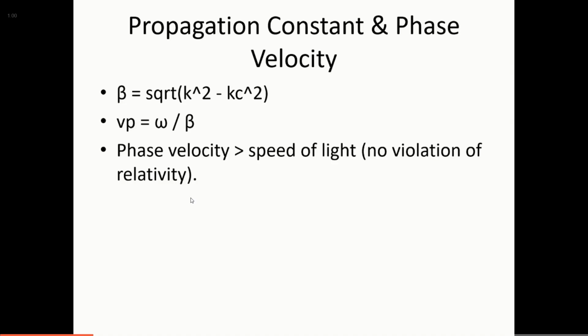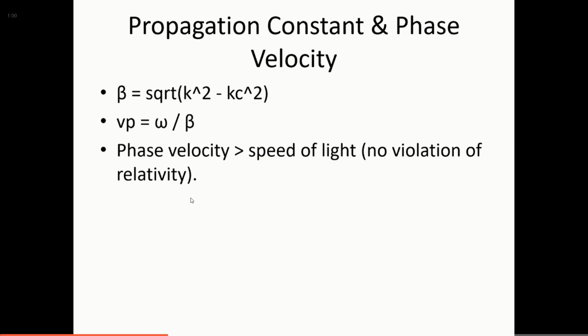Next, propagation constant and phase velocity. The behavior of waves inside the guide is characterized by propagation constant beta and phase velocity Vp. Beta can be calculated by root over k squared minus kc squared, where k is the wave number and kc is the cutoff wave number.